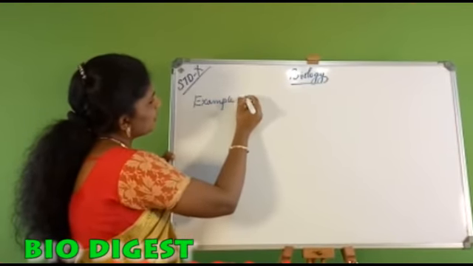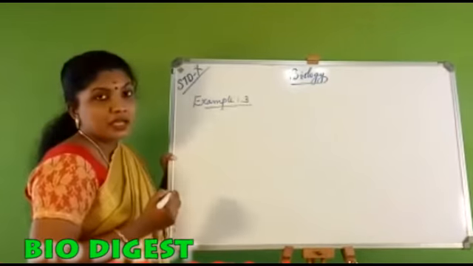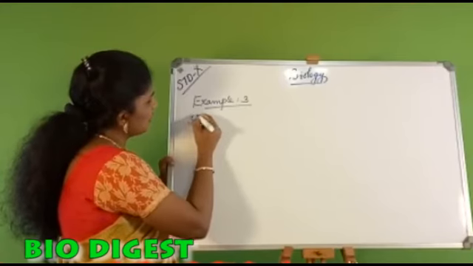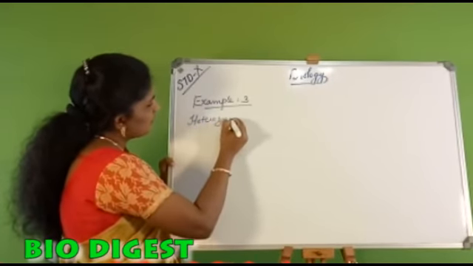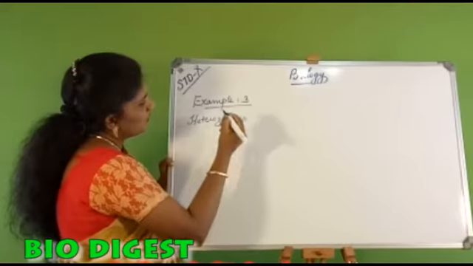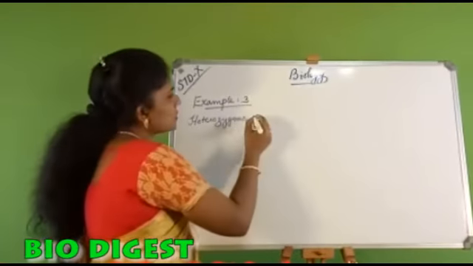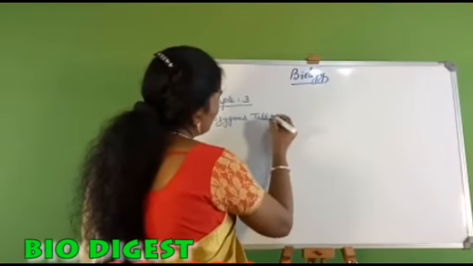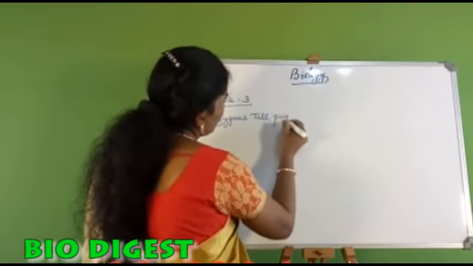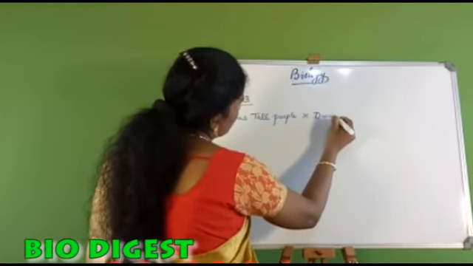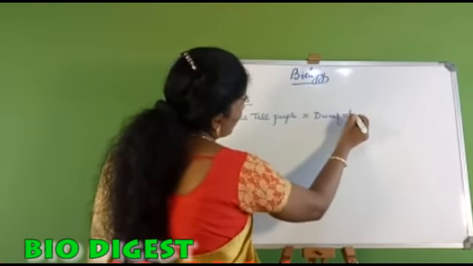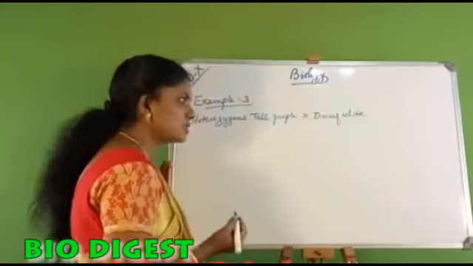Now example number 3, heterozygous condition. We were discussing only homozygous condition. Now heterozygous tall purple crossed with dwarf white. I am just showing one example for you to understand.